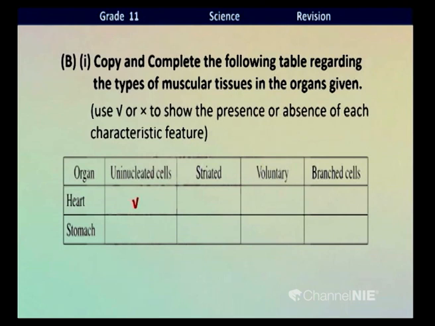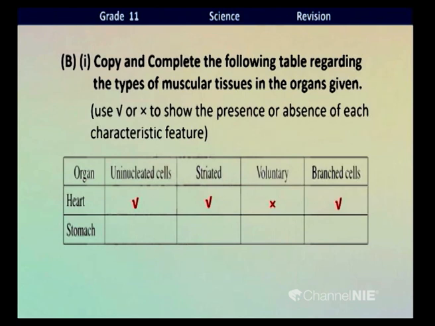Cardiac muscle tissue consists of cells with only one single nucleus. Cardiac muscle tissue is striated. And is it voluntary, children? No. Cardiac muscle tissue functions involuntarily. This is not available. And branched cells, yes. Cardiac muscle cells are branched.